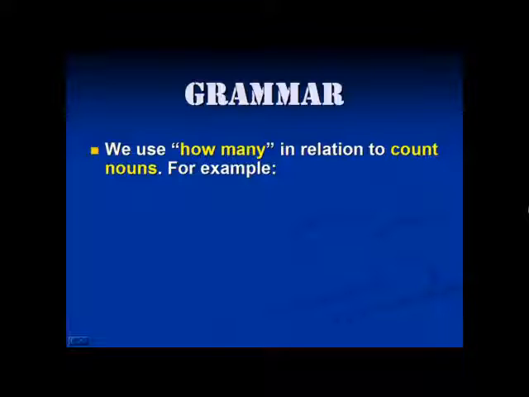We use how many in relation to count nouns. For example, how many apples are there?